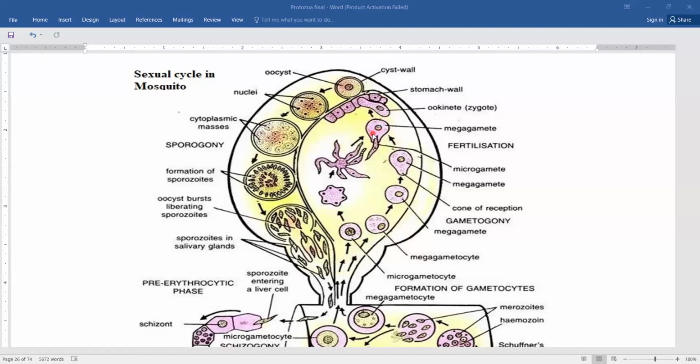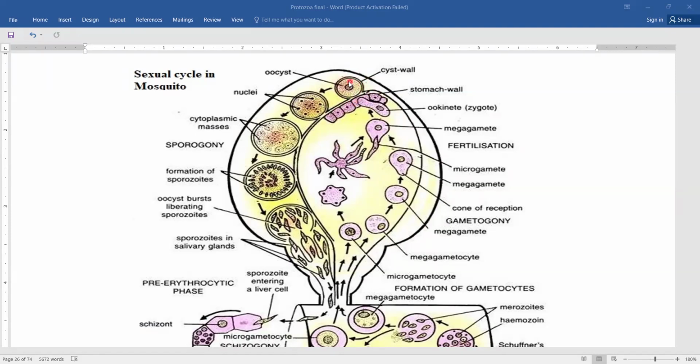Then the zygote's shape is changed. It becomes elongated, and it squeezes itself through the gut wall of the intestine of the mosquito, and it comes out below the basal membrane of the gut wall.